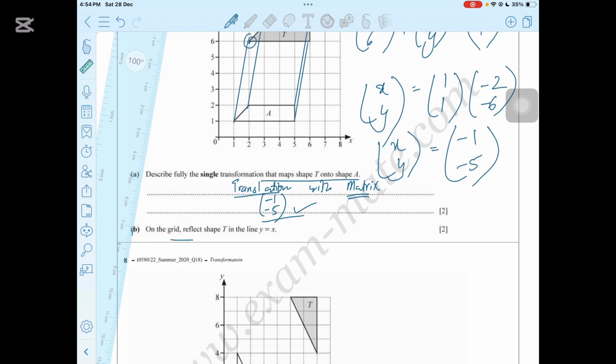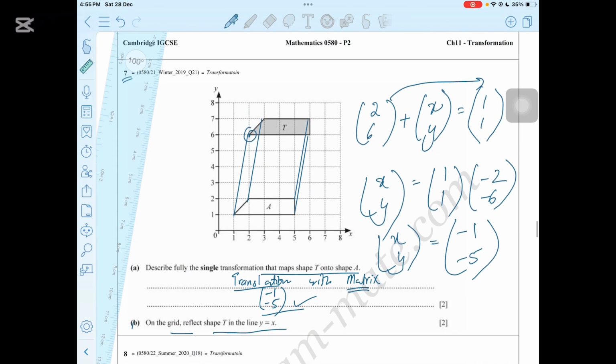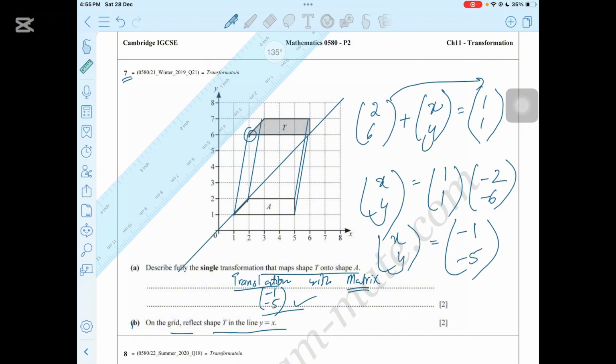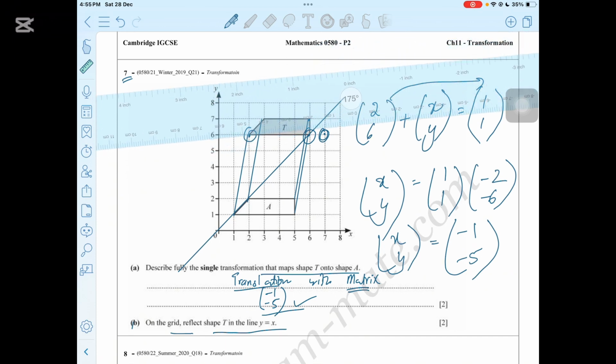On the grid, reflect shape T in the line y = x. So let's just draw the line y = x first. Yes, this is the line y = x. We have to reflect this. This would be an invariant point, and this will go here. So we have 2 points. Let's just join them first.